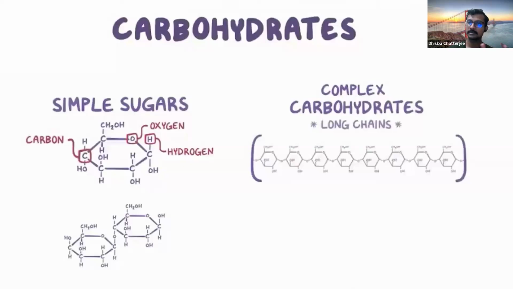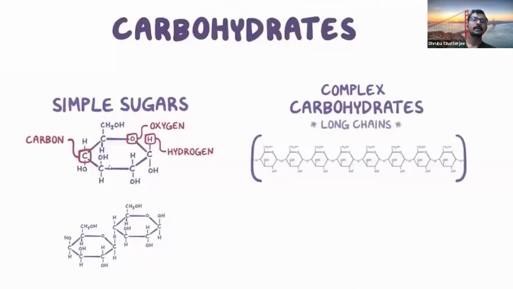Now, among these monosaccharides, again, they consist of an aldehyde group or a ketone group. The ones that consist of aldehydes are called aldoses. The ones that consist of a ketone group are called ketoses. That's also a classification. And after that, all the other carbon atoms have hydroxyl groups attached to them.